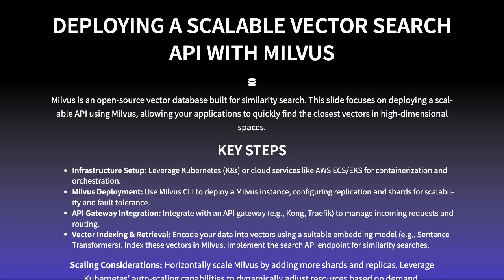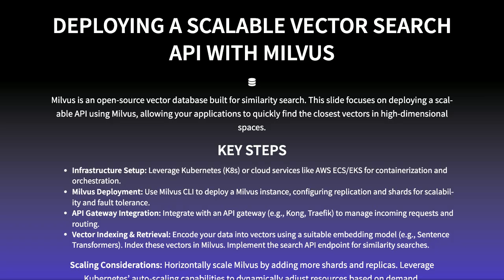Okay, let's talk about deploying a powerful vector search system using Milvus. Milvus is basically like a super fast database for finding similar things. Think of it as searching for images that look alike or documents with similar themes. To make this really useful, we need to get it running in a robust way. We'll start by setting up our infrastructure, likely using Kubernetes or cloud services to manage everything neatly.